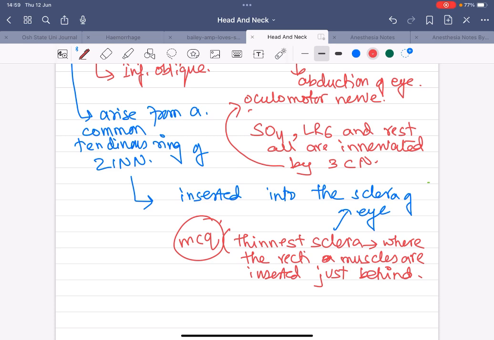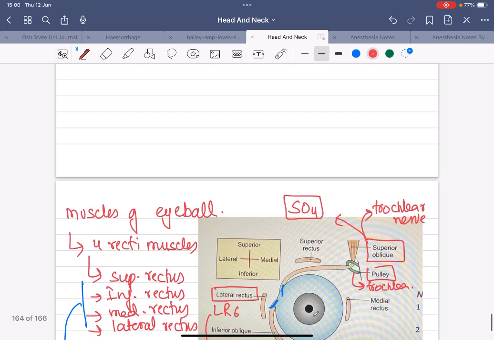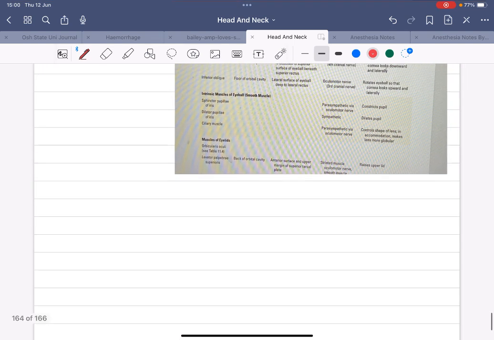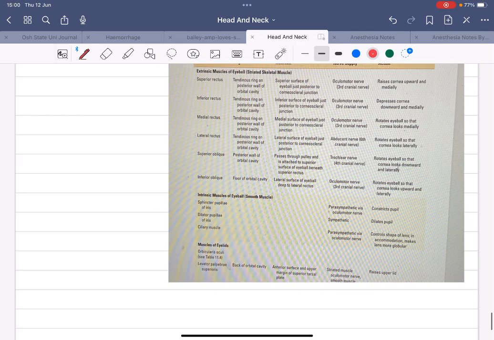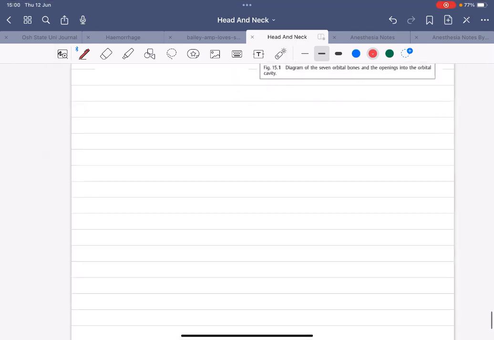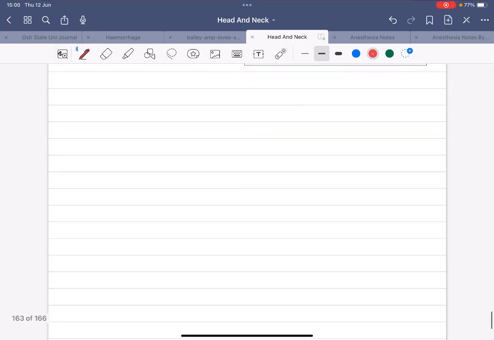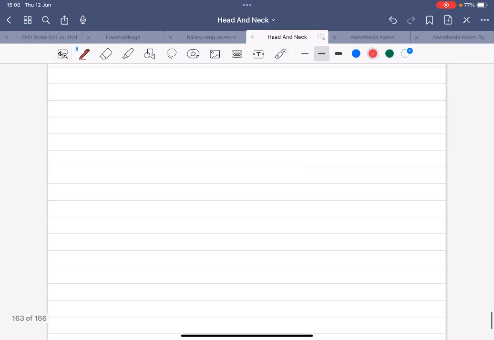Now we must draw one diagram here, because we must understand all the muscles and their actions, and other things. So first of all, we will draw one diagram, and then we will continue with the muscle actions. See here, all students.